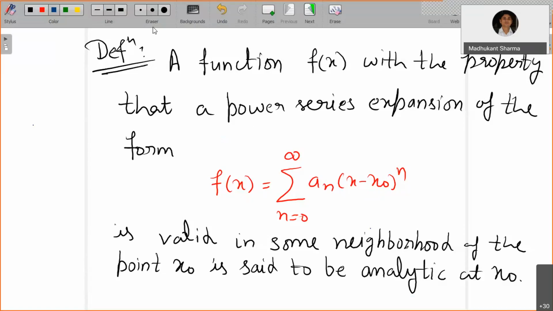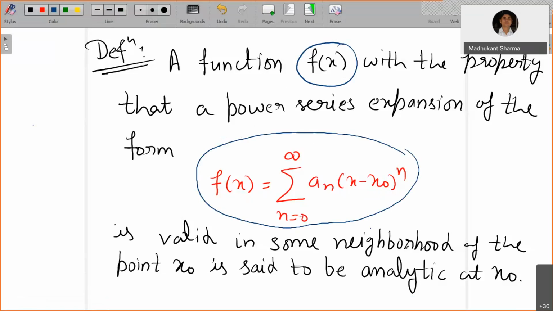If we say a function f has the property that we will be able to write f as a power series expansion of this form, and which should be valid in some neighborhood of the point x0. What that neighborhood is, you have to investigate based on the problem.